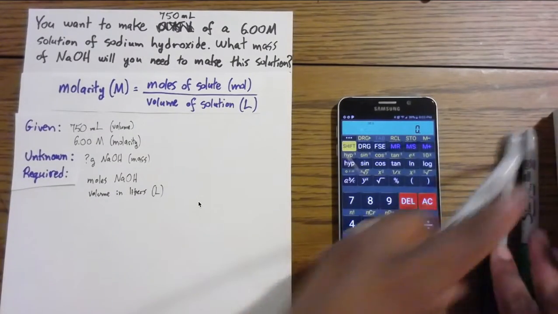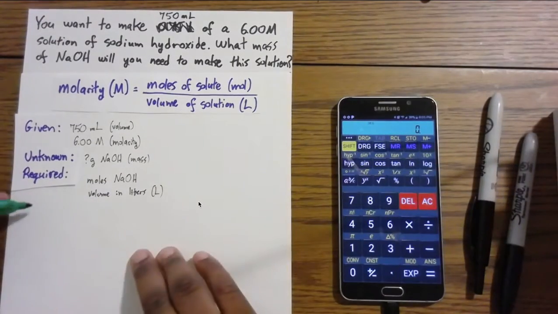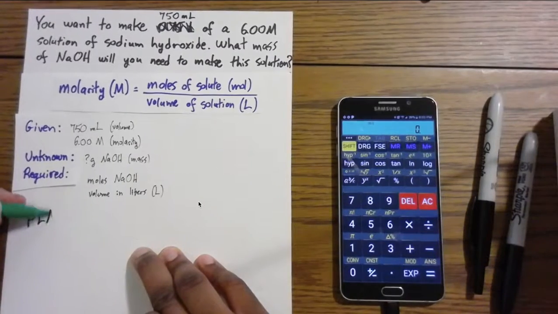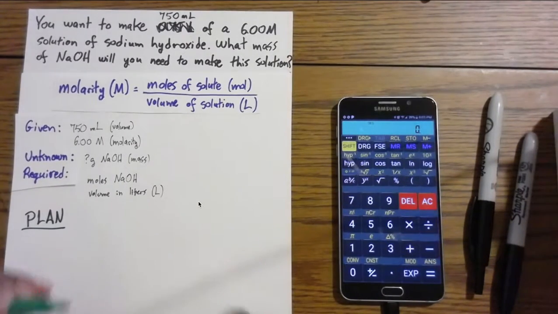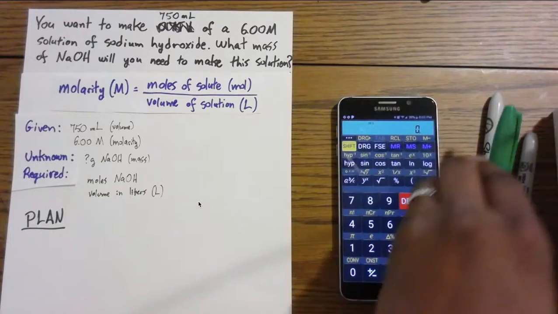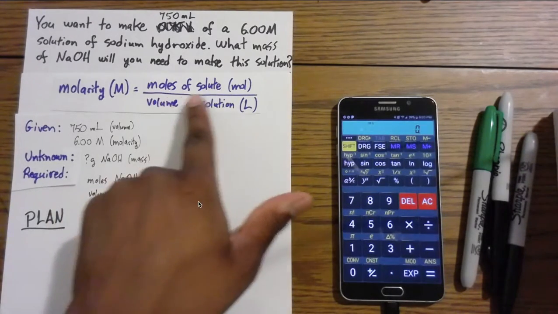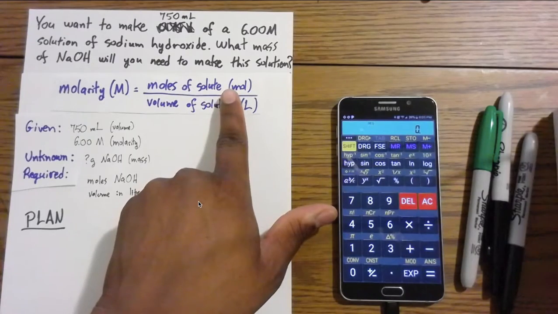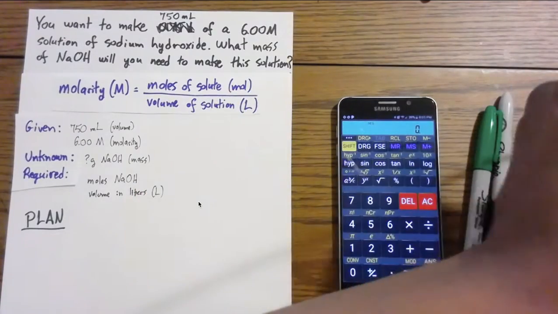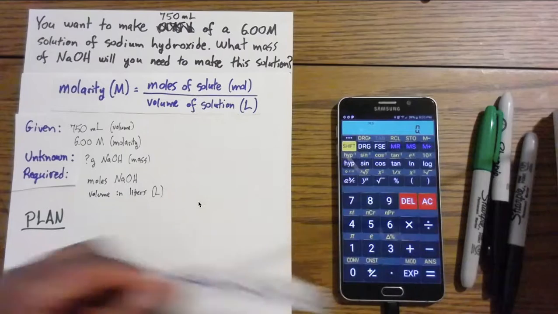So here is our overall plan in order to solve this kind of problem. First, I'm going to get the moles of solute. But before that, let me just get liters first.